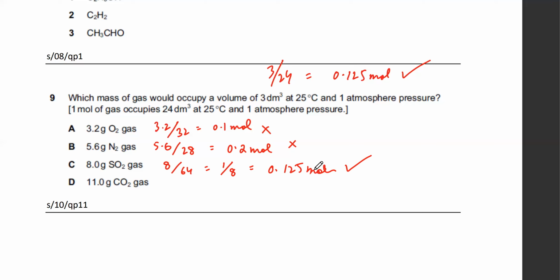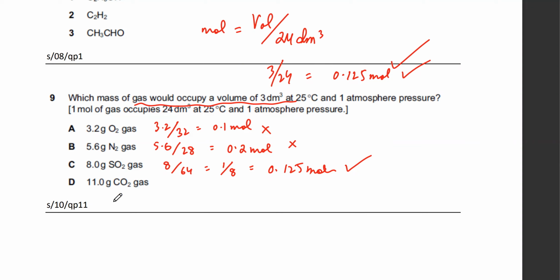Sir, why did we divide 3 by 24? How do you find moles for a gas? There's a gas that occupies a volume of 3 dm cube, so how many moles is this? Volume of gas divided by 24. Okay, so you found the moles. Whichever gas occupies 3 dm cube must have this many moles.